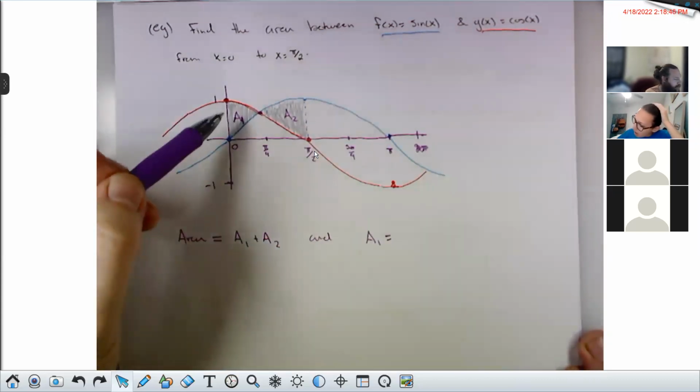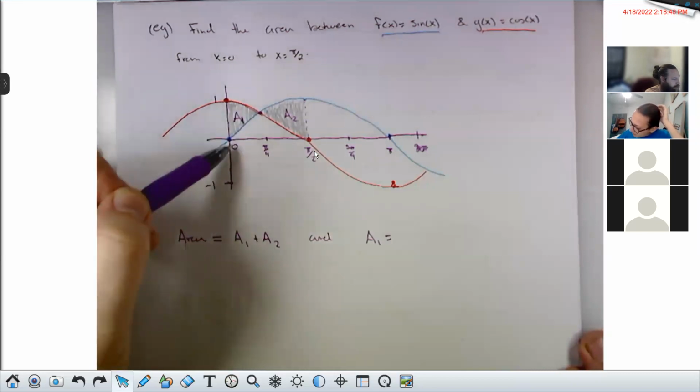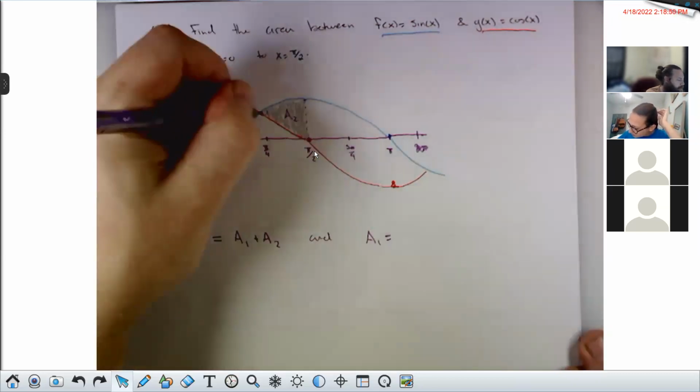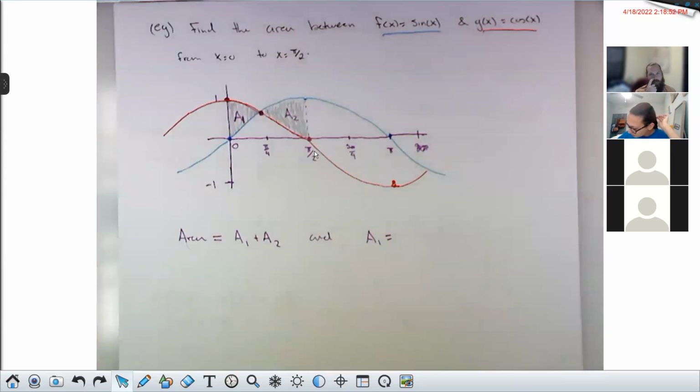A1 would be the integral of the upper minus the lower from 0 to pi over 4, right? We know pi over 4 is the intersection point here. I haven't had to solve for that, where our sine and cosine equal. The first positive solution is pi over 4. So either from the graph or from remembering your unit circle or however you think about trig functions, hopefully we're all aware that sine and cosine are equal at pi over 4.